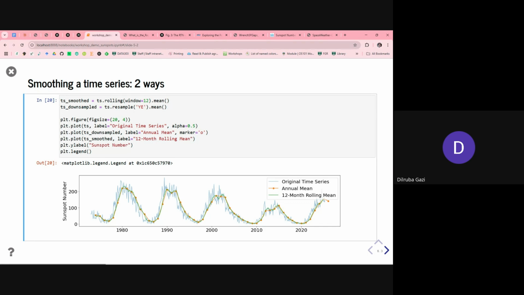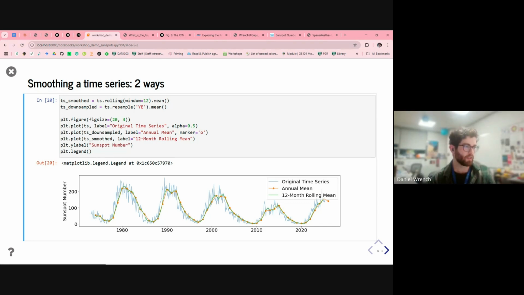So once we do that, there's our original time series in the blue, and on top of that we have in green the 12-month rolling mean. So you'll still see some variation. It still has the same number of points as the original time series, though obviously it's cut off a bit at the start because you don't yet have 12 values in your window.